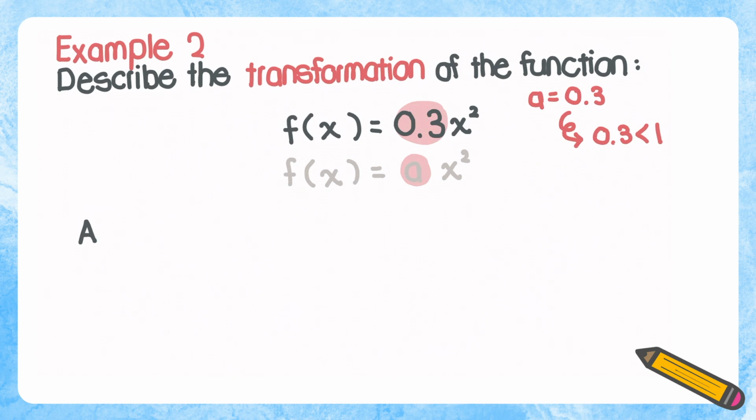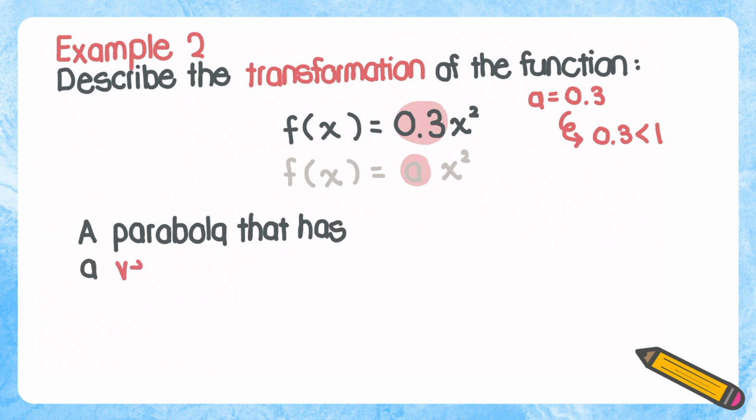So let's provide our description of the transformation. A parabola that has a vertical shrink.